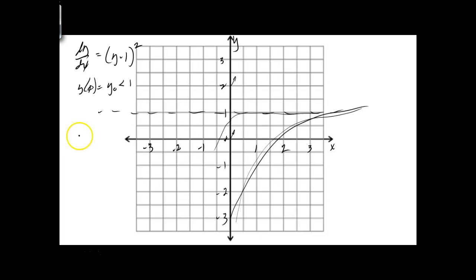But they just come up with this: y of x is equal to 1 minus 1 over x minus c. No, x plus c. Okay? That's a one-parameter family of solutions of this differential equation. Okay? They just pulled that out of the air somewhere. Okay? But they did give it to us.